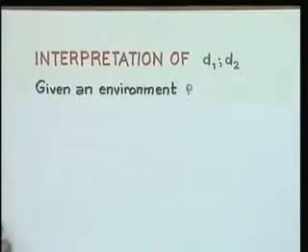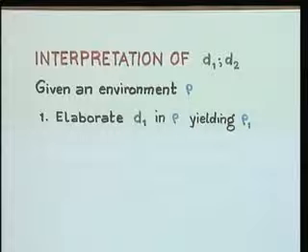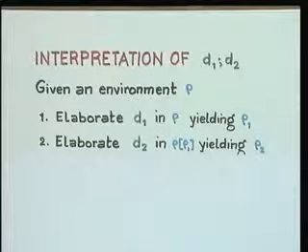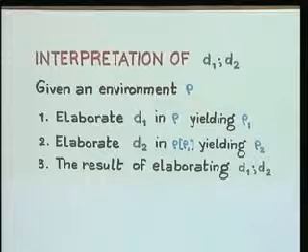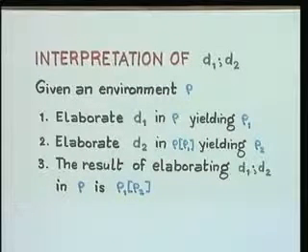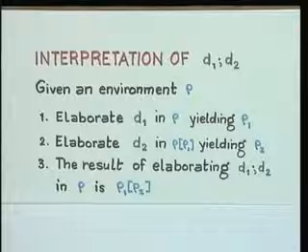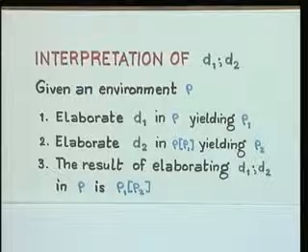You have a given environment rho, and you elaborate d1 in rho to yield a new environment rho1. Then you elaborate d2 in rho updated with rho1, yielding rho2, and the result of elaborating d1 semicolon d2 in rho is just rho1 updated with rho2.